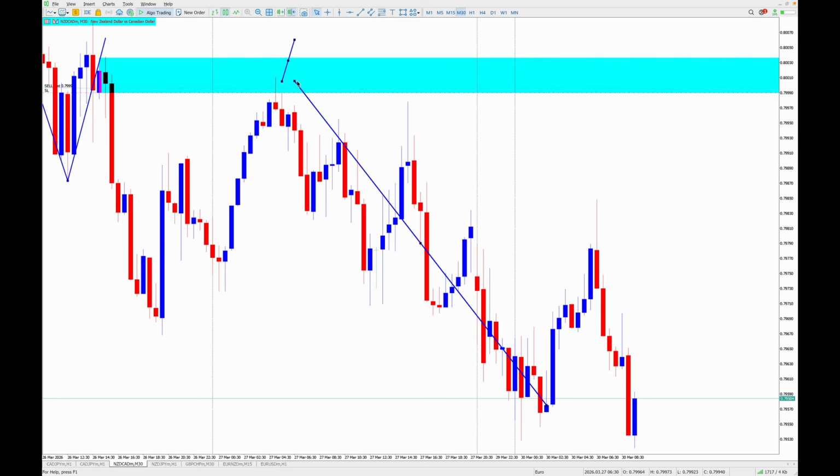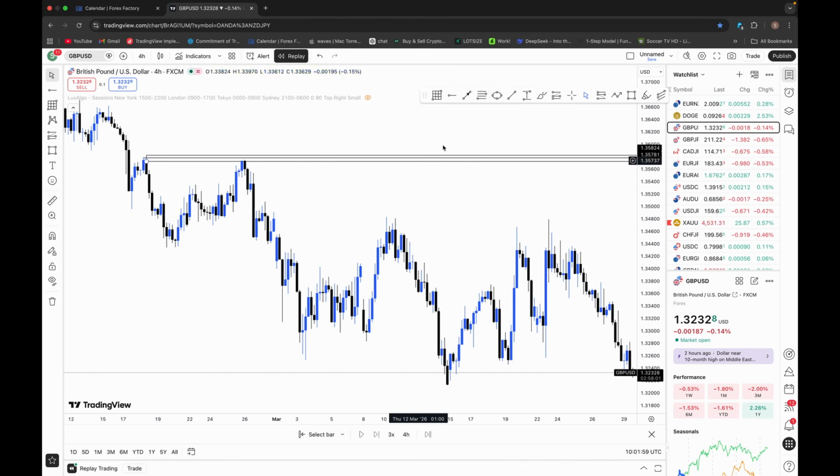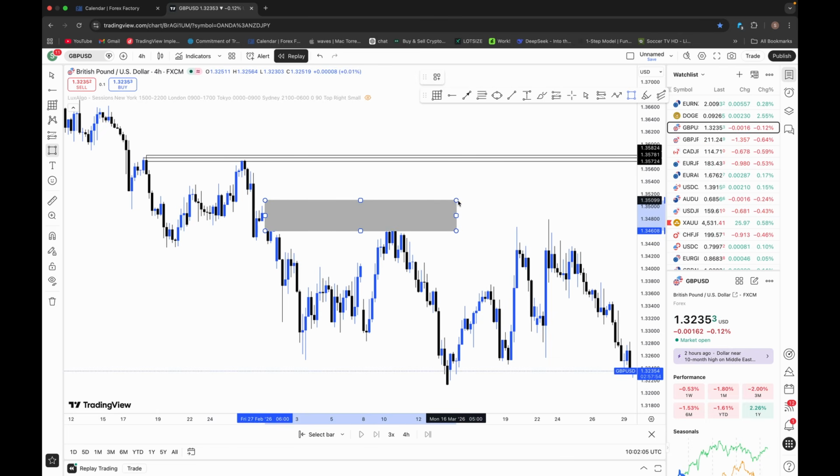So we will filter out certain confluences you can look at, to take better trades when it comes to supply and demand. In this video, you'll be able to understand how to mark strong supply and demand zones, as we always try to filter out these zones for a higher probability of our setups actually playing out.